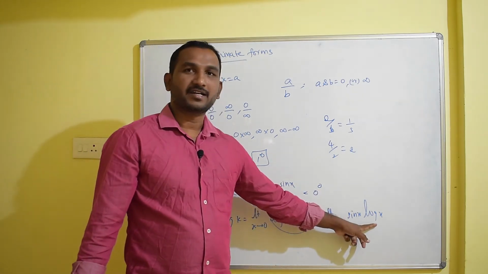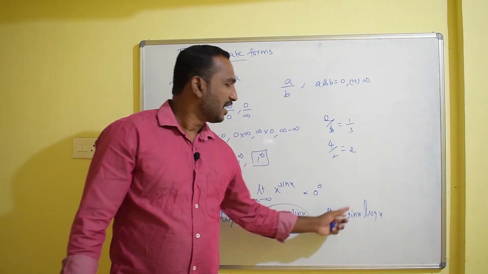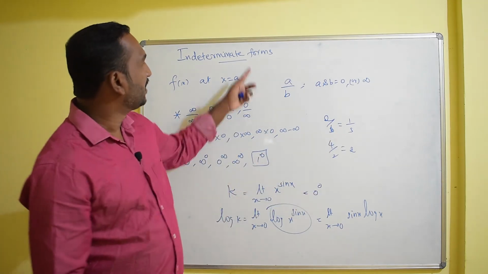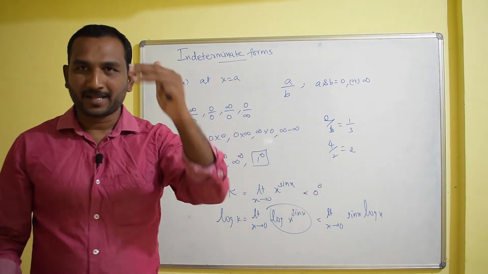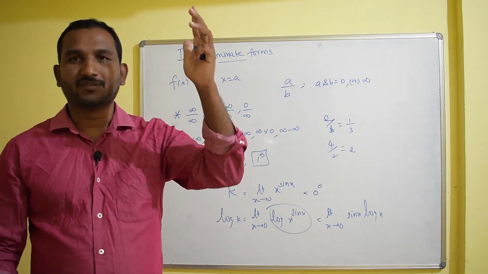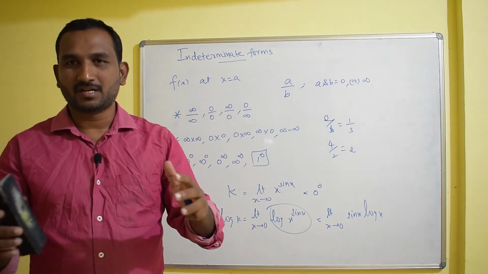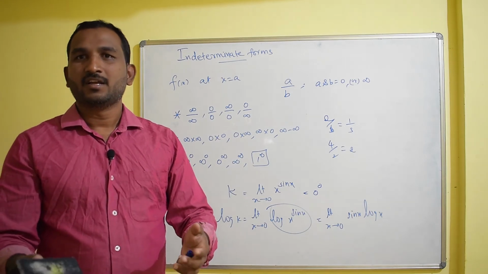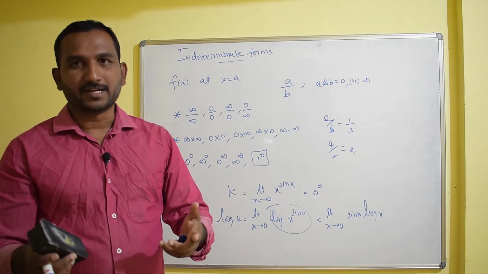Sine x into log x. Whatever the function is, I know sine x can be written as 1 by cosecant x. Directly substitute it, then you will get the third one. Then apply the L'Hospital rule and find the finite value. This is the procedure, how you apply the L'Hospital rule, and finally you get the finite value, right?